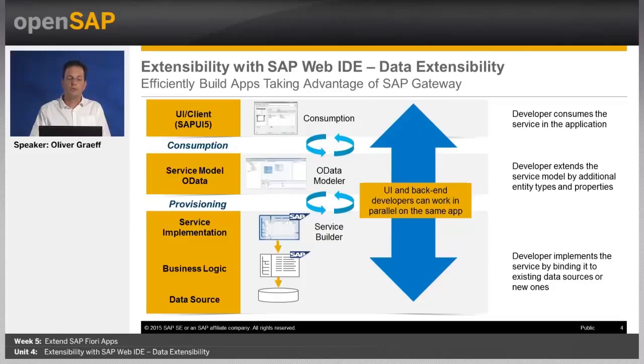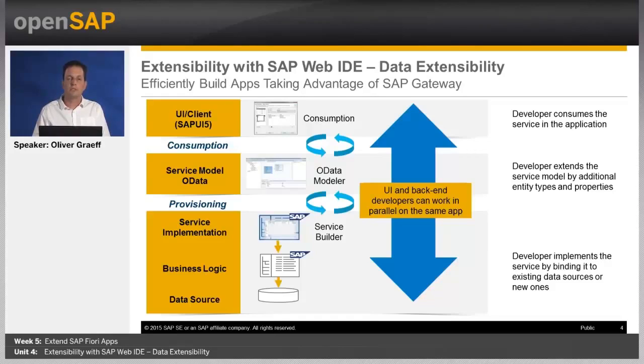And those two parts can be handled separately. The definition of the data model is the interface between the two, and this is used from the UI, and it is used to define the data service. For example, it is possible that you develop the UI, the UI5 application, even though the gateway service is not yet defined.